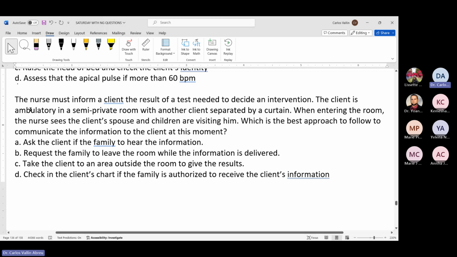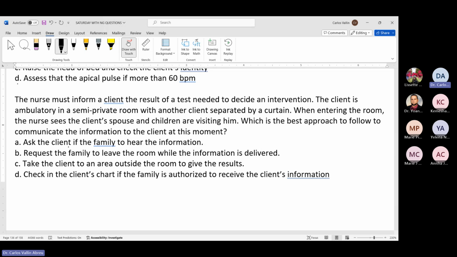When entering the room, the nurse sees, remember, the nurse is entering to inform the client of a result and to discuss an intervention. The nurse sees the client's spouse and children are visiting him. So see the scenario, trying to visualize the scenario. Which is the best approach to follow to communicate information to the client at this moment?